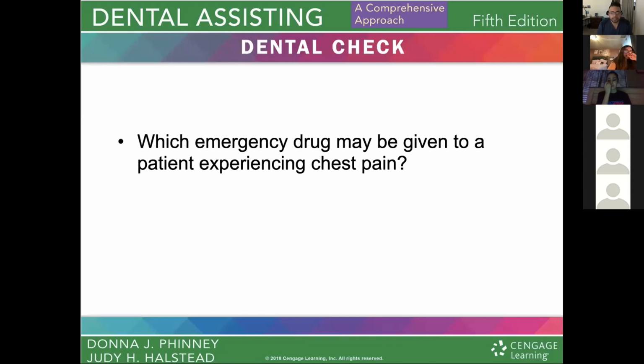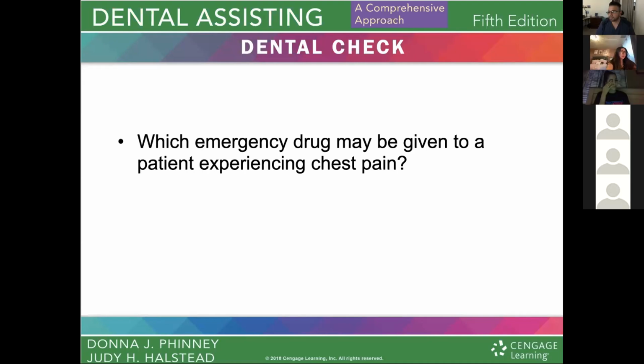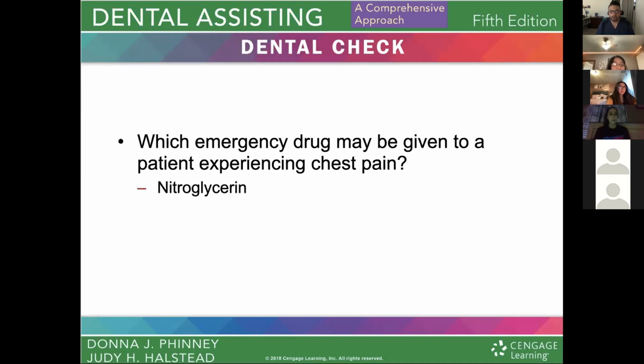Okay, here's a quick dental check. Who can tell me which emergency drug may be given to a patient experiencing chest pain? Nitroglycerin. Nitroglycerin. Yes, you're right. Good job, Amarani.